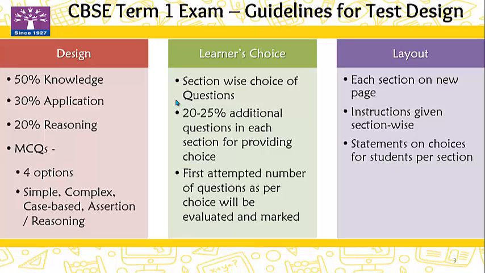Any extra questions attempted by the student will not be considered by the board. So we have to train our students to be very alert in making their choice of questions they wish to attempt. The question paper contains multiple sections. Instructions are given individually for each section, including the number of questions that may be attempted in that section.